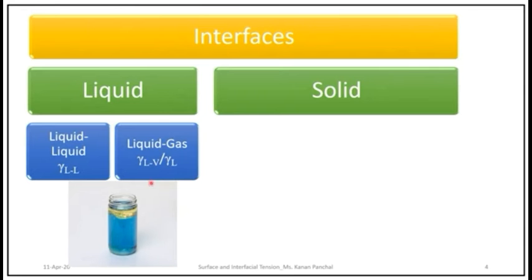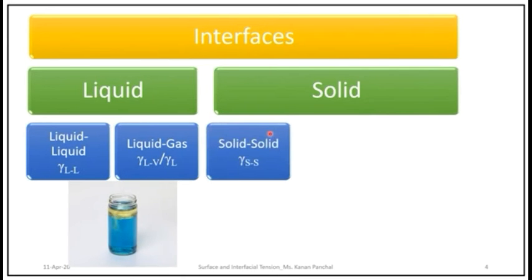The next, Wilhelmy plate method. The apparatus consists of a thin mica, glass or platinum plate suspended vertically from a beam attached to a torsion balance. It provides a direct measurement of force exerted on the plate at the interface between two immiscible liquids or the surface of a liquid.